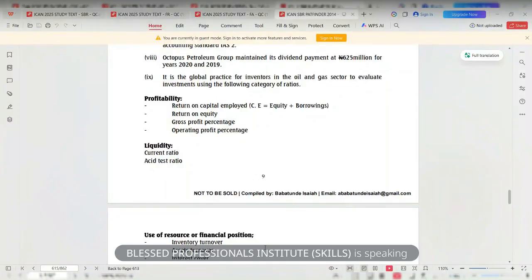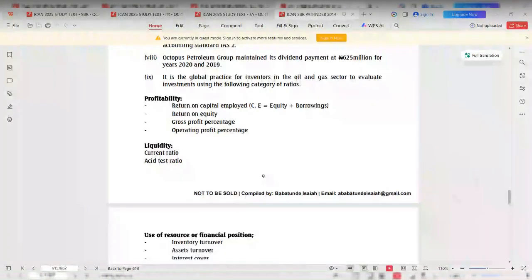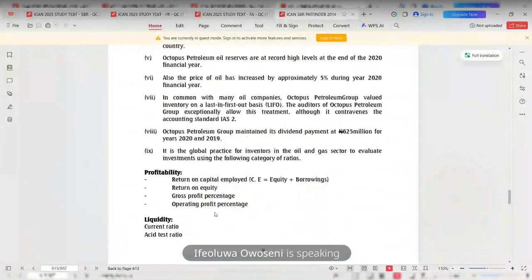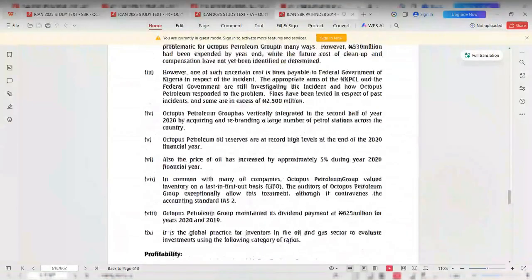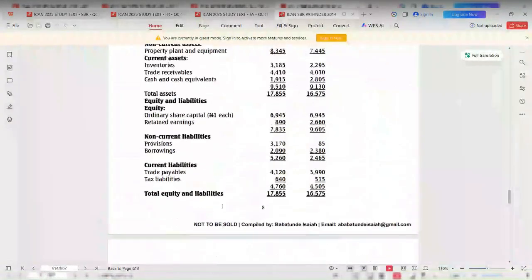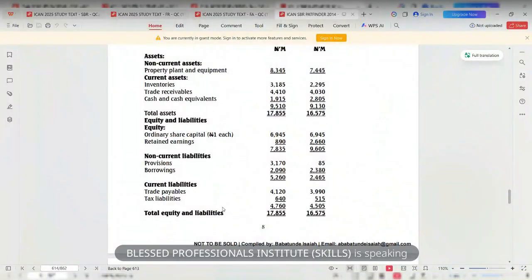Let us check. They gave us inventory under current assets. That is closing inventory. They did not give us opening inventory, right? So you just use the closing inventory figure like that. You get the logic now. So that is how to calculate everything.